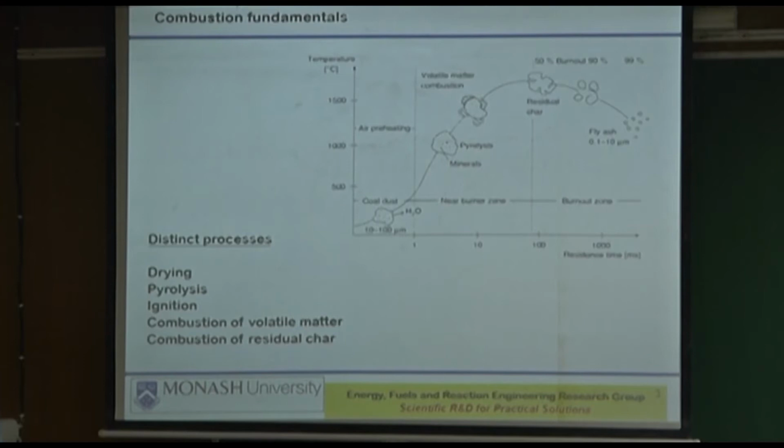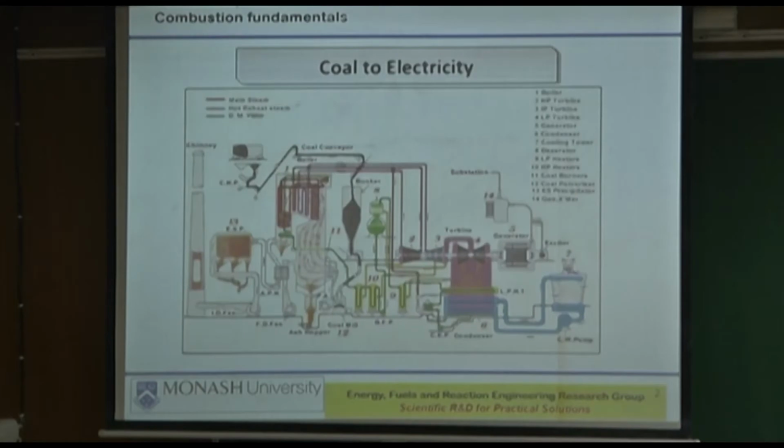So in a PF-fired boiler, in the furnace zone, which is here where the burners are more or less, you want all the heat to be released there, so that everything that goes above that, where your steam generating tubes are, going to the high pressure turbine or the IP turbine and eventually the LP turbine, they are seeing the maximum amount of heat extracted from the coal particles, char particles, and the combustion process is complete.